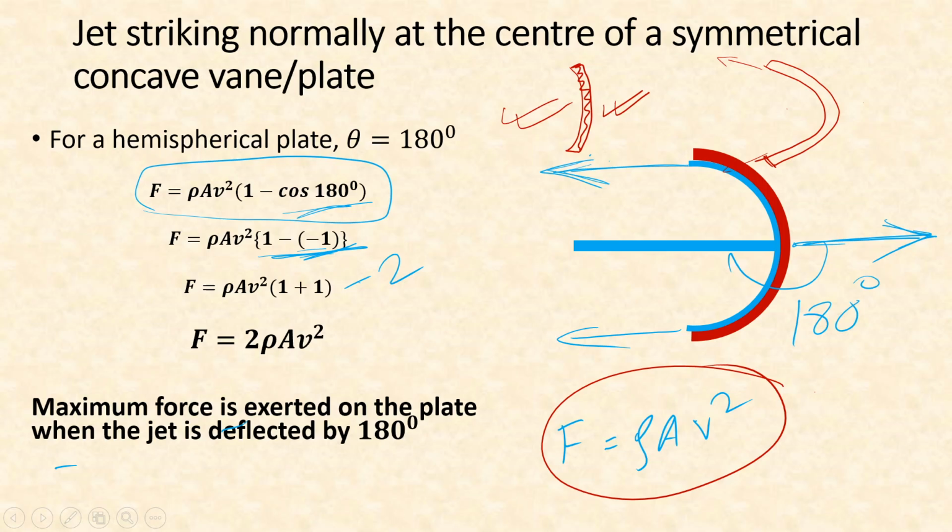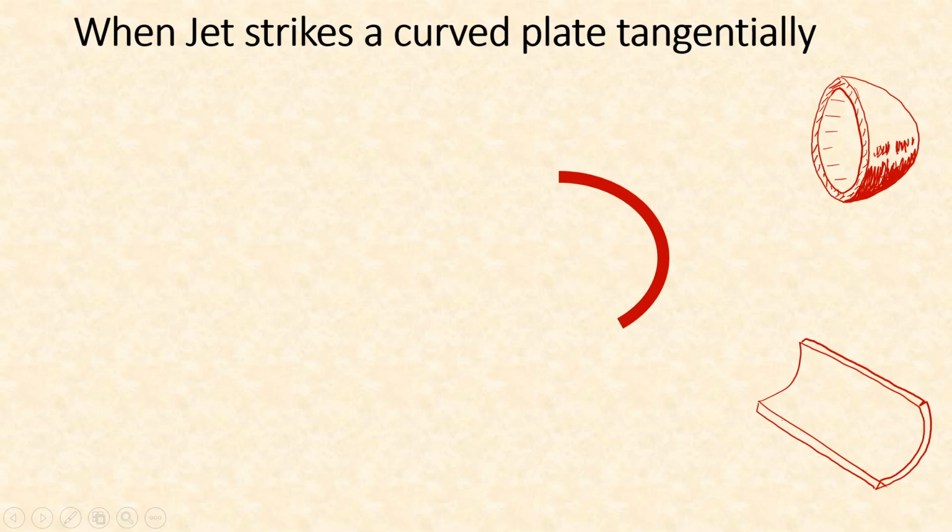Now let's try to understand another example where the jet strikes a curved plate tangentially. By tangentially, we mean that instead of hitting it here on the surface, it hits on the edge somewhere around here.